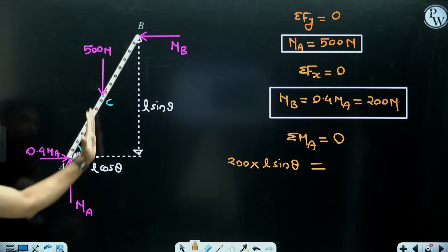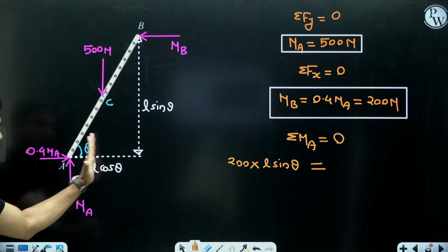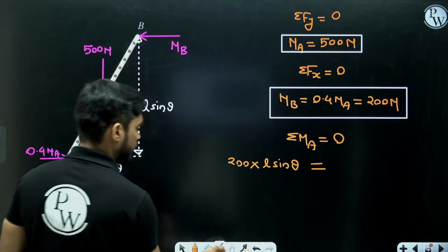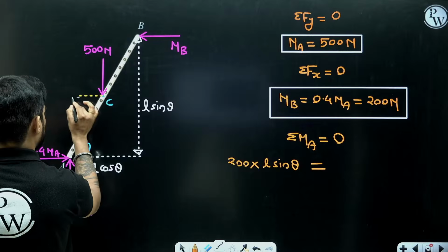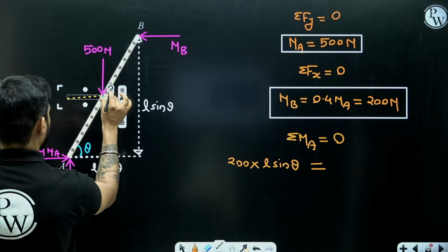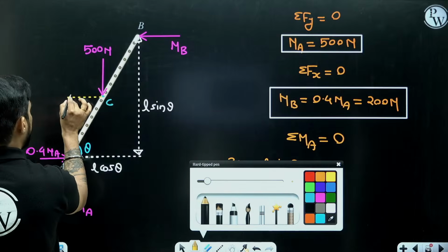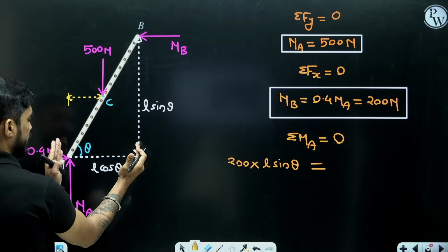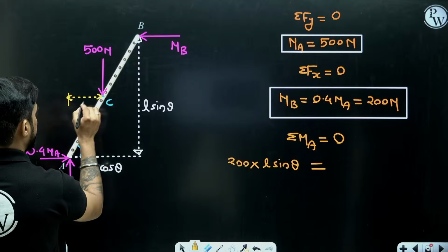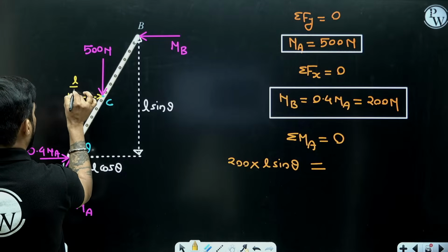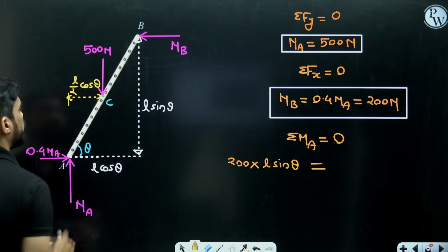So moment of 500 Newton will be 500 multiplied by this distance. Now what will be this distance, beta? Obviously this will be half of this distance na. This is L cos theta, so this will be L by 2 cos theta.